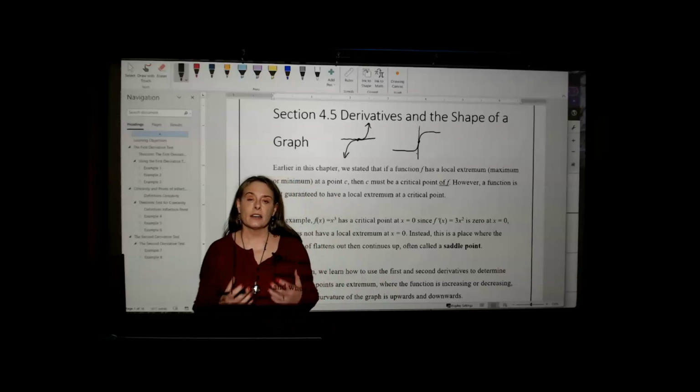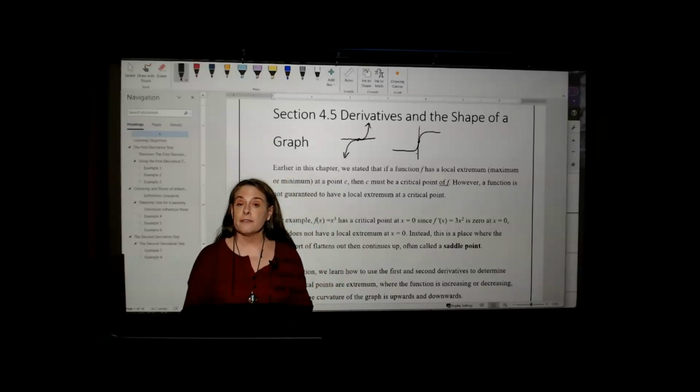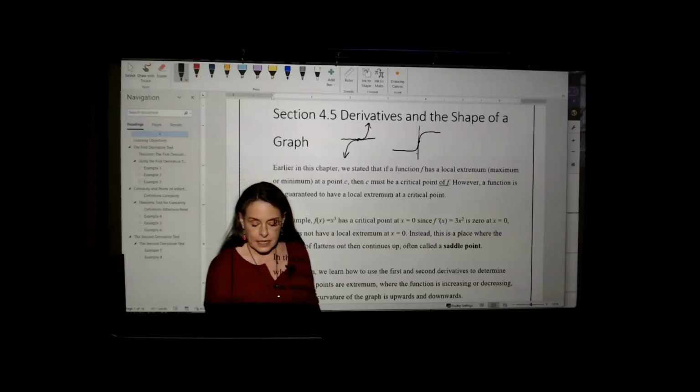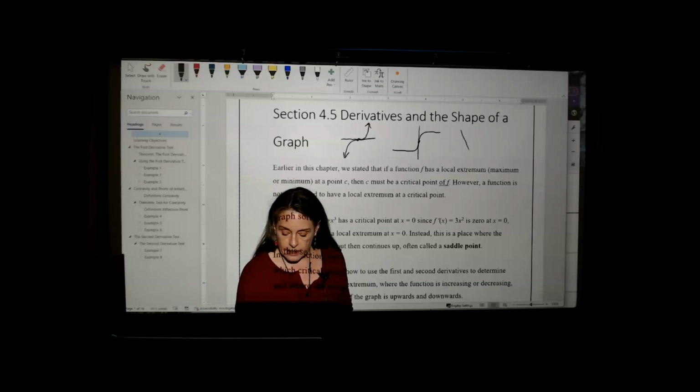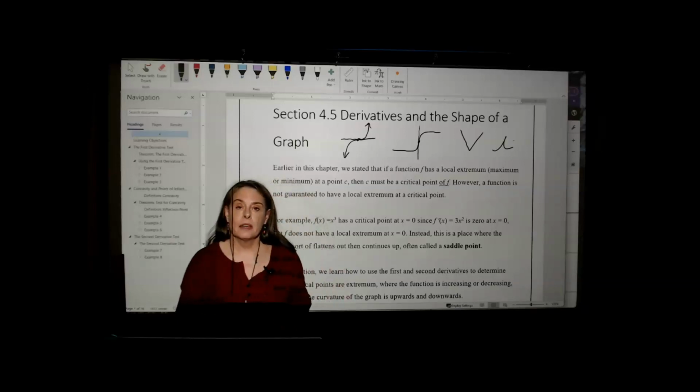That means it has undefined slope, which means the first derivative is not defined, but clearly the function does exist there. It's not an extremum value, however. It is possible to have a place where the first derivative does not exist that is an extremum value. We've seen a couple situations like that with corners and cusps.